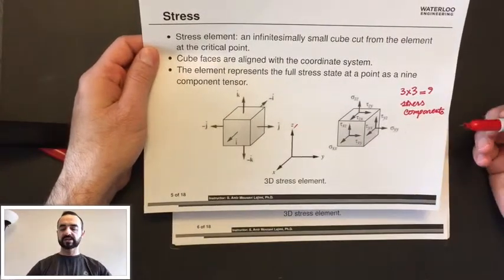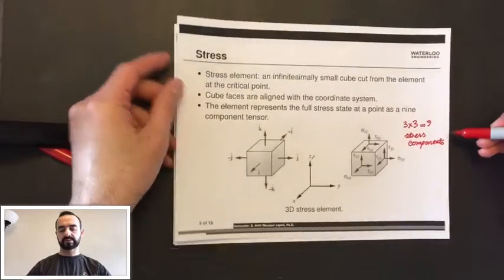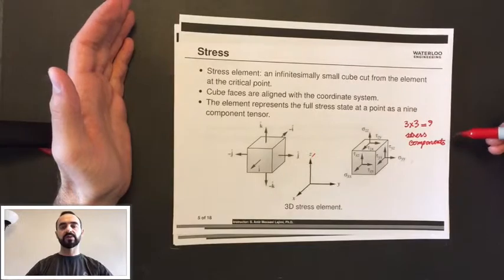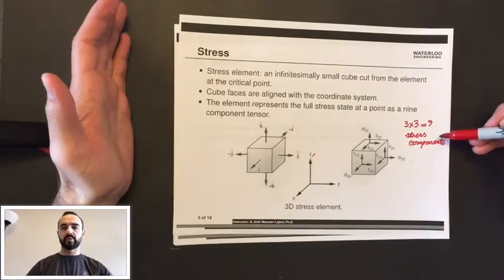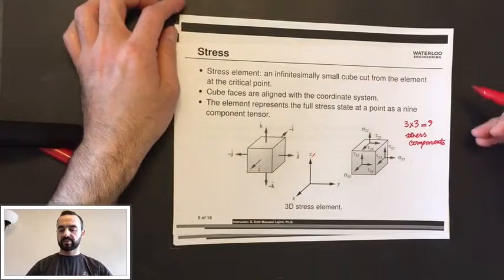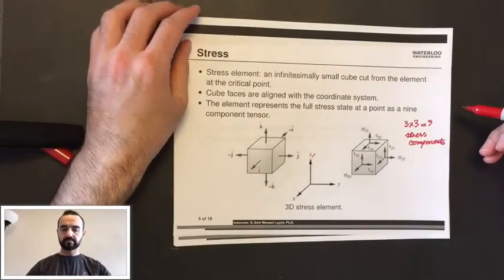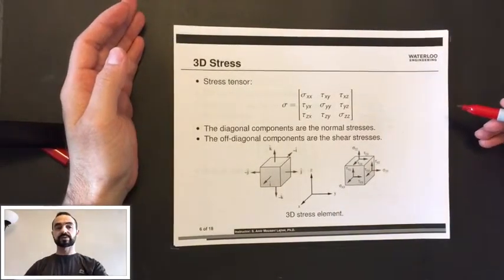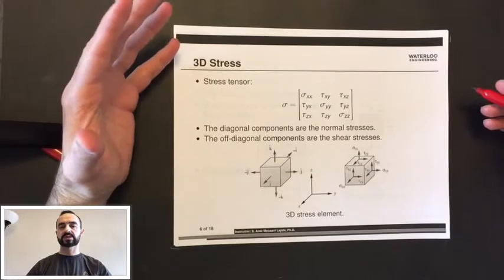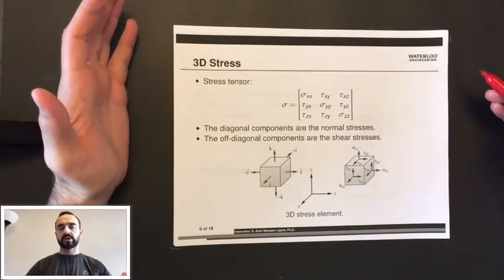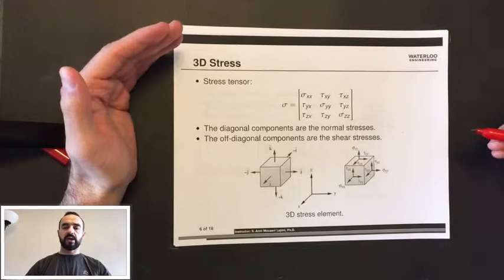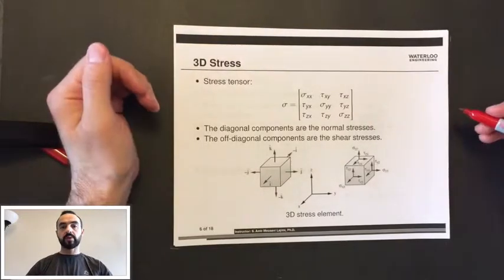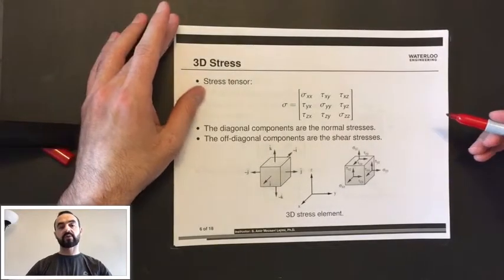Now, the question is, we have nine stress components. Is there any mathematical object we can use to describe this property, stress? By definition, tensors are mathematical objects which include an array of components which are functions of coordinate space.